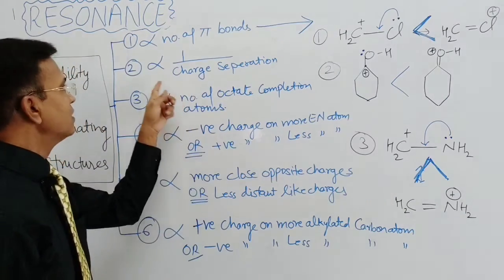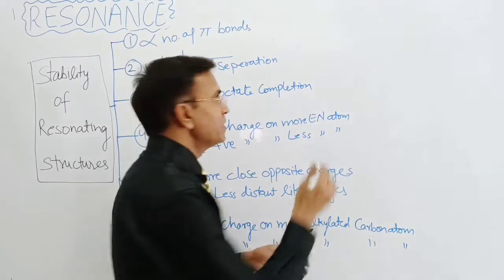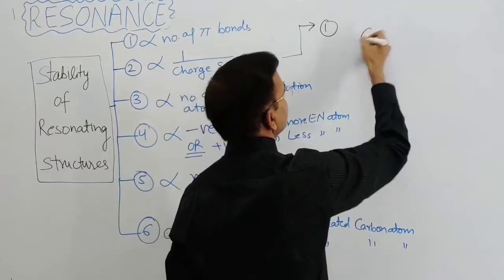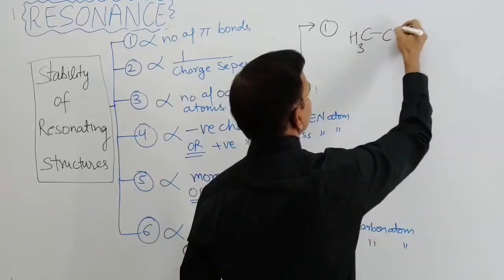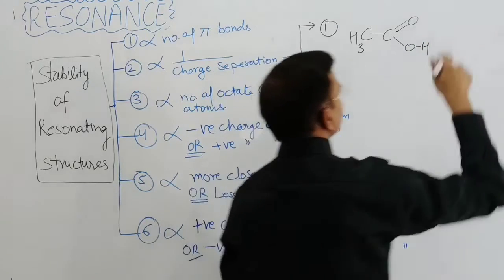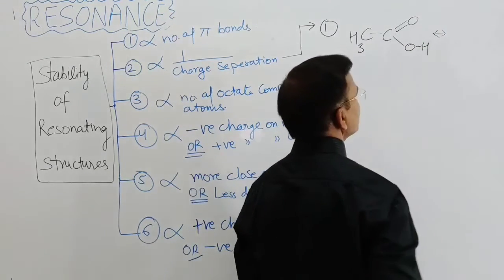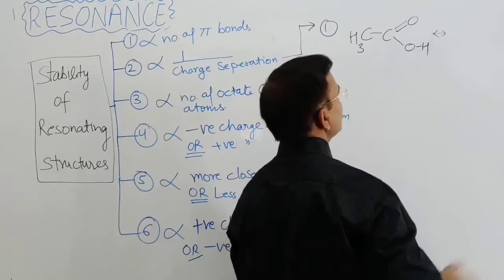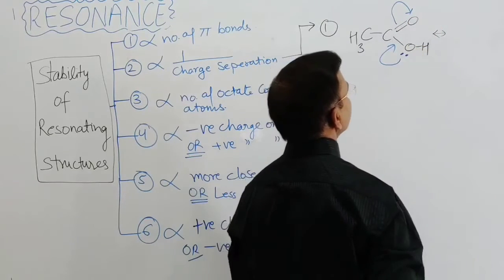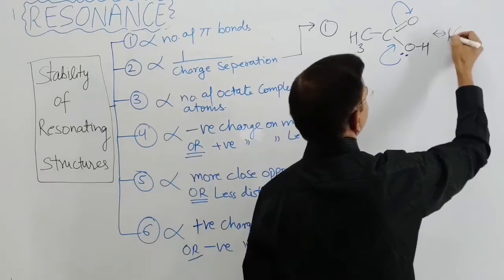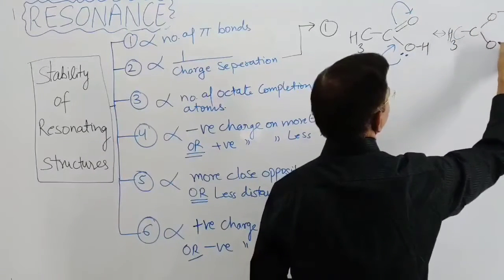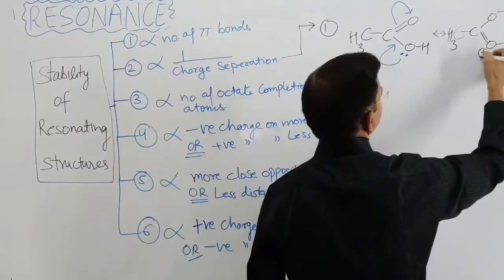Now move to the second type. So beta, the first question on the basis of this second type. Let's take CH3COOH, and the second resonating structure is the lone pair on the oxygen atom attracts, this comes here, and this will be CH3CO negative charge, and here comes double bond and a positive charge.